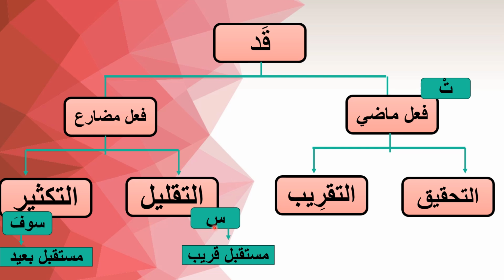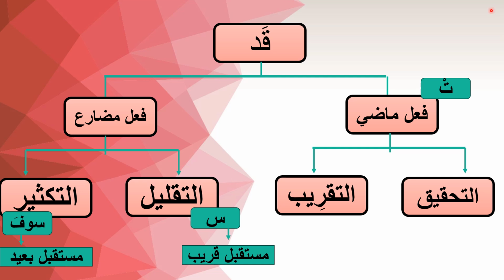Both seen and saufa come, but there is a little difference between them. Seen comes when some action is going to happen very quickly in future, that is mustaqbal qareeb, and saufa comes when some action is going to happen in future but it will take some time. So that is when saufa comes.